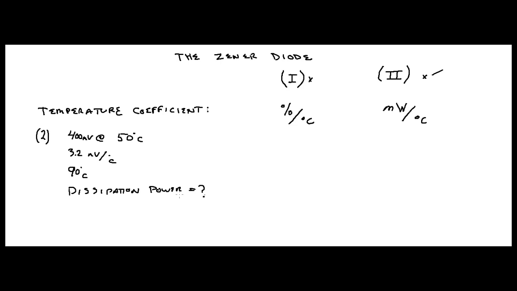So in these kind of problems, think about it for a second. It can dissipate 400 milliwatts at 50, and we're increasing the temperature, right? So think about it.